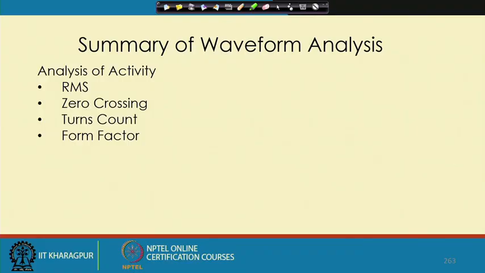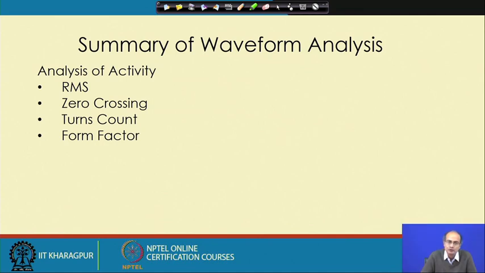Next, the other techniques, the zero crossing and the turns count, both of them are dependent on the change in the frequency. We know that in signals like EMG, the activity becomes more when we are trying to lift more weight or trying to exert more force.